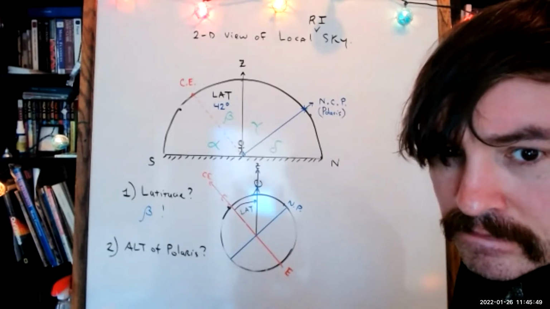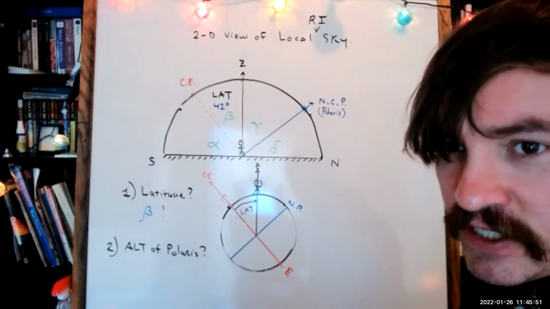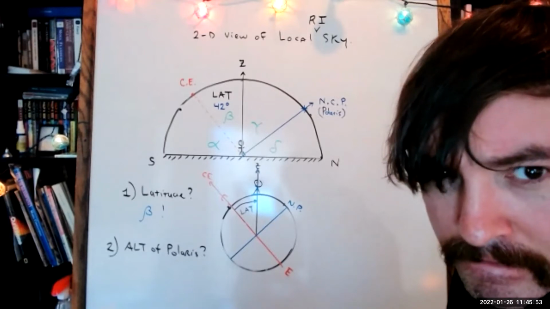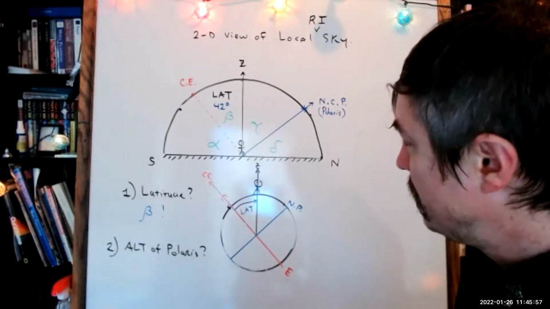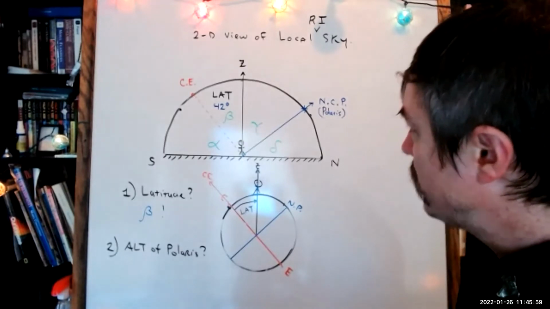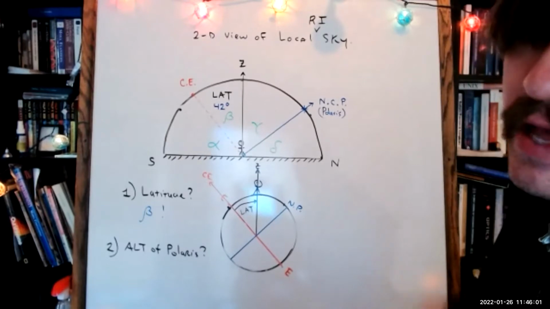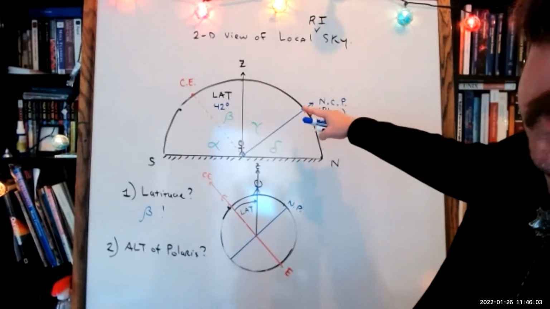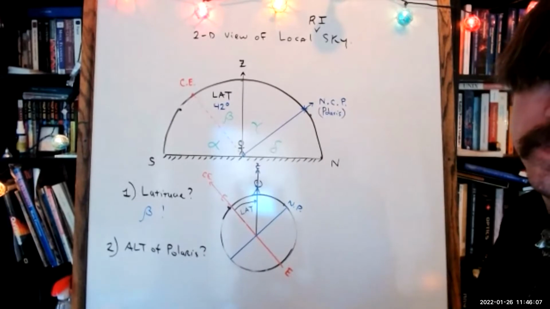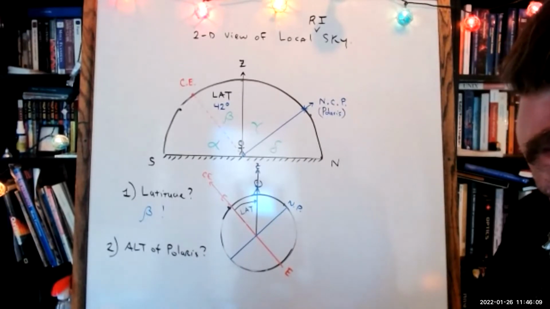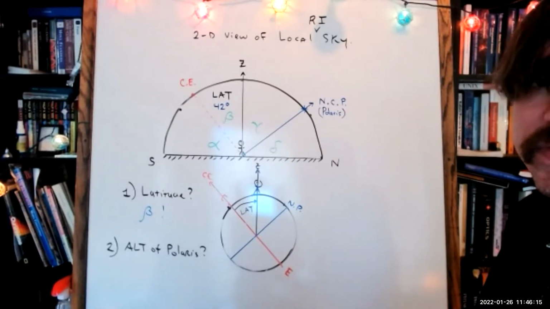Gamma. What's the definition of altitude? Degrees above the nearest horizon. Okay. So if Polaris is there, what's the nearest horizon? Delta. It's the bottom down below.